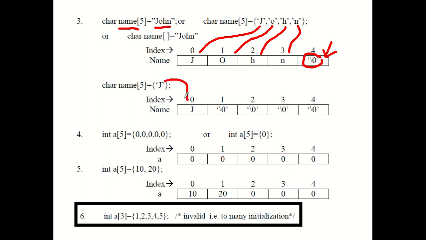Only one location is initialized, that is j, and the remaining locations are filled with the null character to indicate the end of the string. Here is an integer array of size 5 where all locations are filled with 0. Here is an integer type array initialized with only 2 values, so the remaining locations are filled with 0.